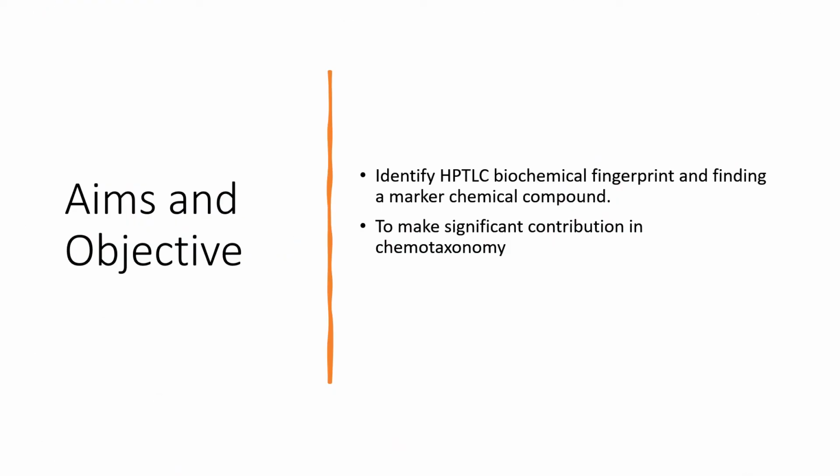The second agenda of our presentation is the aim and objective, where we aim to identify the biochemical marker using HPTLC fingerprinting analysis, and the objective is to make a significant contribution in the sector of chemotaxonomy.